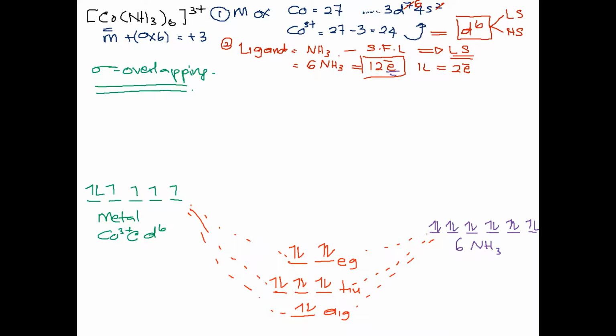So where does it fit? It is an octahedral, and this is a sigma overlapping. So bear in mind you have one non-bonding orbital, which is the t2g. Lepas tu barulah you ada the eg.